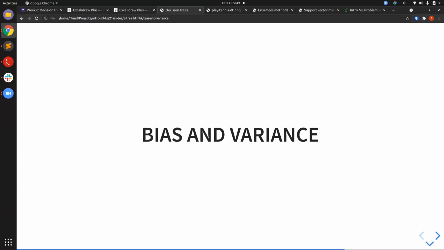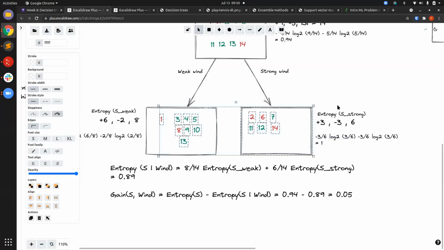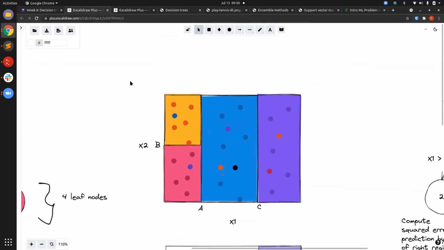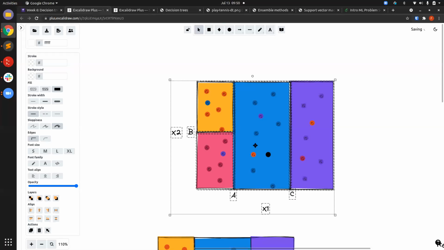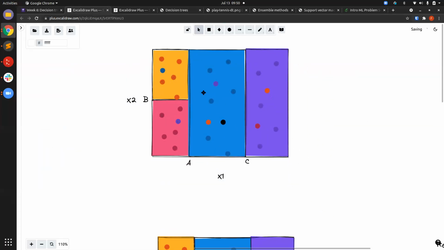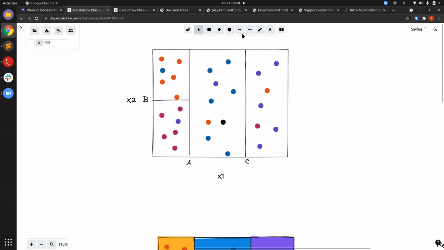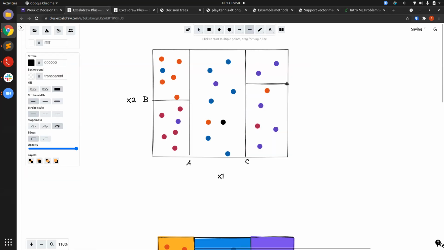I mentioned a moment ago that there are some good reasons not to let the tree grow as deep as it potentially can. So if you let the tree grow as deep as it wants, let's imagine this set here. If we keep splitting and splitting and splitting, then we'll eventually classify every single point correctly.